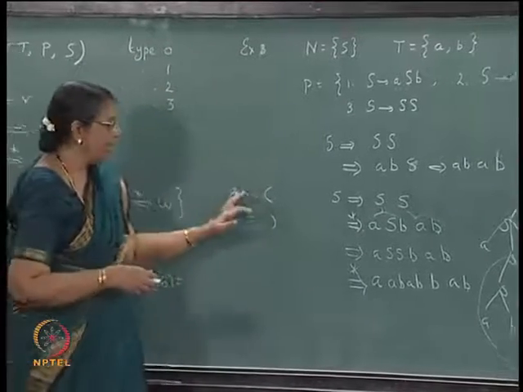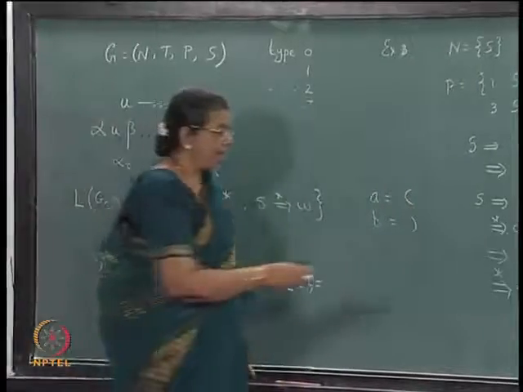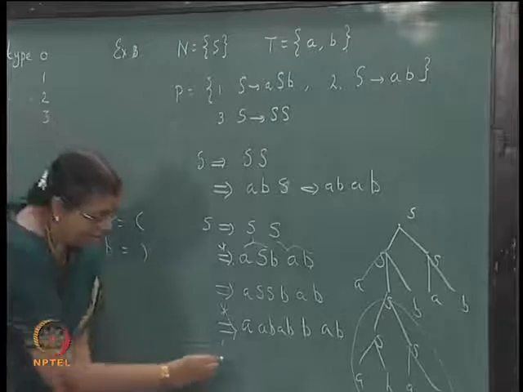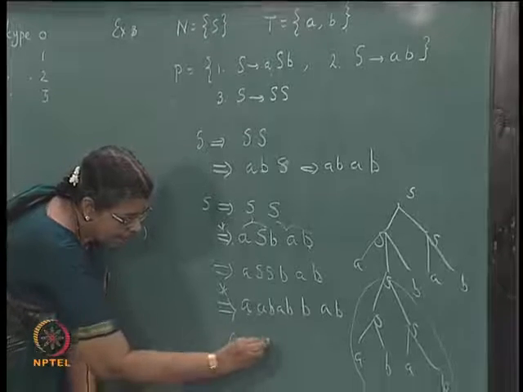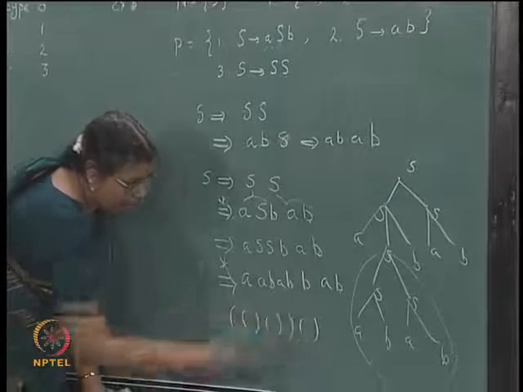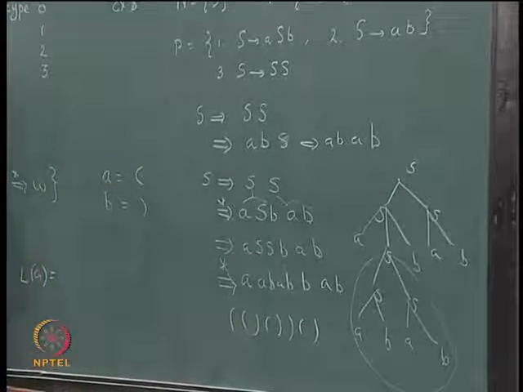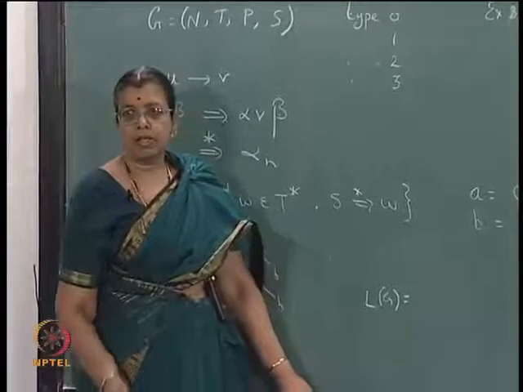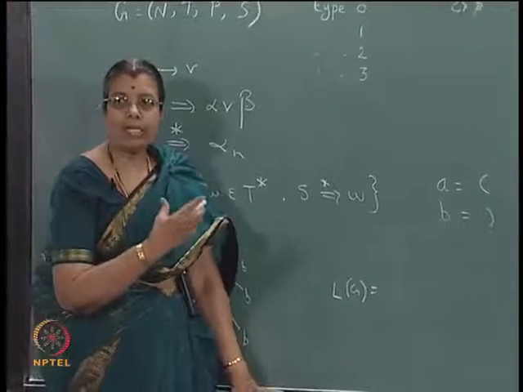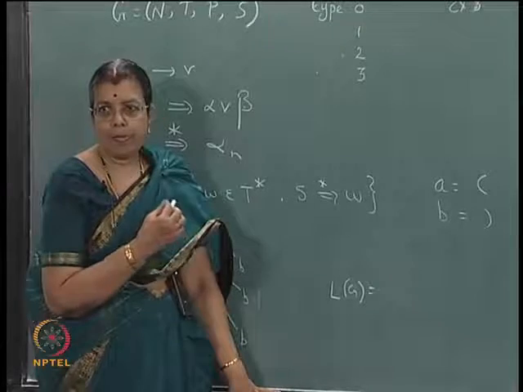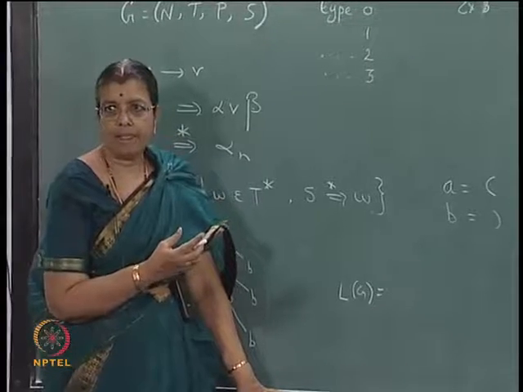If you look at A as a left parenthesis and B as the right parenthesis, this string will be well formed. So, any well formed string of parentheses will be generated by this grammar. Okay.